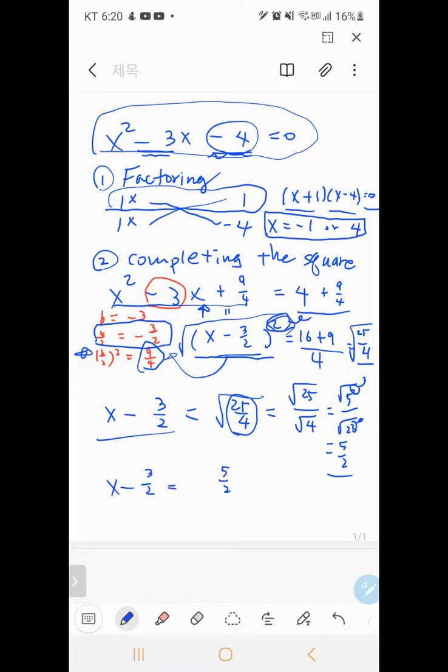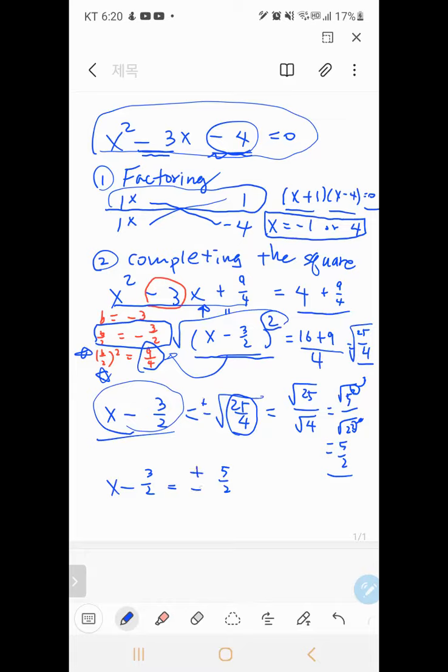Okay, but there's one important thing that we forgot to do, which should have happened here. When we take the square root of a square, there has to be a plus minus sign. This guy is fine, but when you take the square root of this perfect square, the other side should have a plus minus sign.